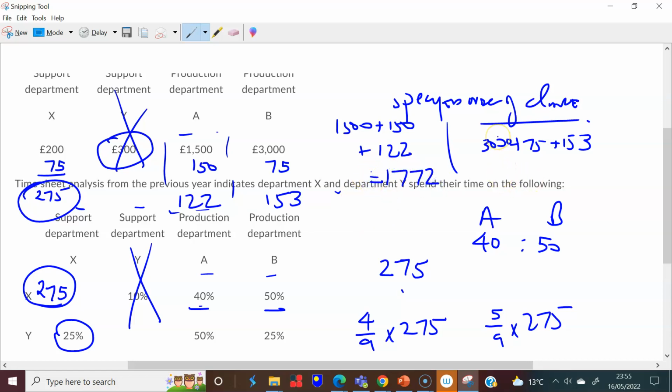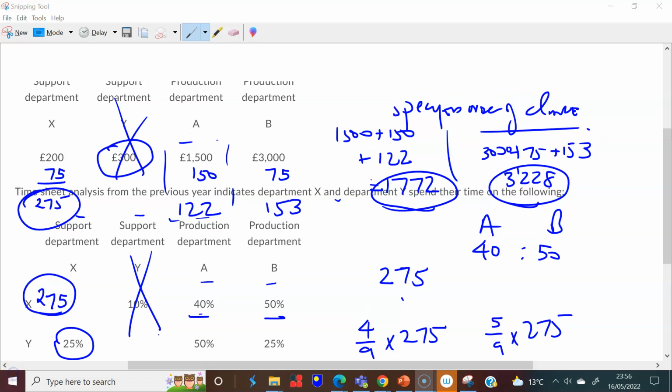And here you have 3,000 plus 75 plus 153, and here you have 3,228. Yes. And that's how these costs would be shared between A and B. All right, great stuff. And that brings us to the end of quiz 2.